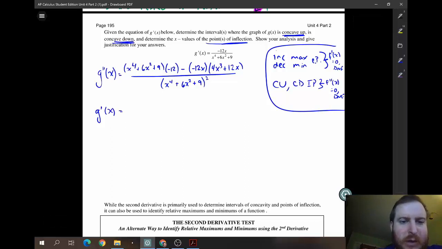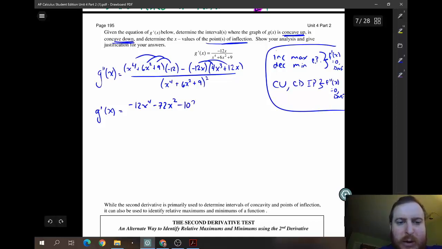So we're going to distribute. On the exam you really wouldn't get anything this complicated, but I want to show something a little more complicated just so if we see that, we understand a lot of the processes. In the numerator we get negative 12x to the fourth, negative 12 times 6 is negative 72x squared, and then 9 times 12 is 108, so minus 108.